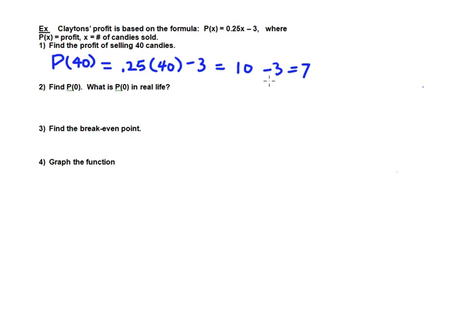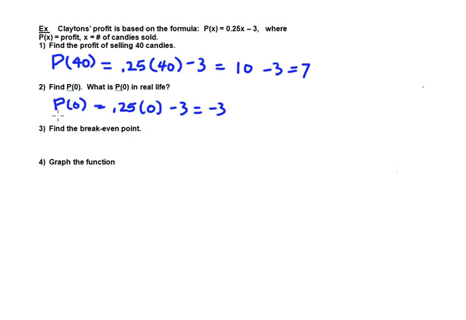The second question asks, find P(0). So P(0) means plug the number 0 into the equation. We get 0.25 times 0 minus 3, and that gives us negative 3.